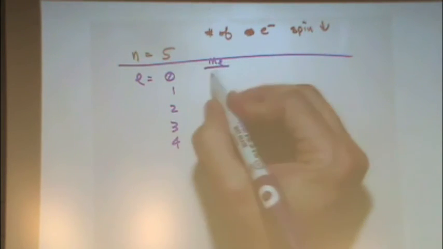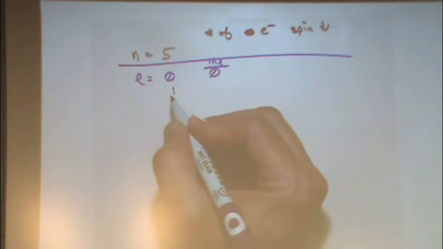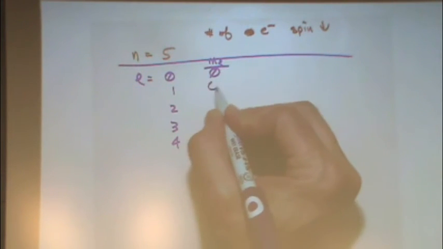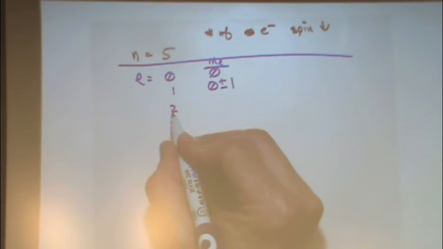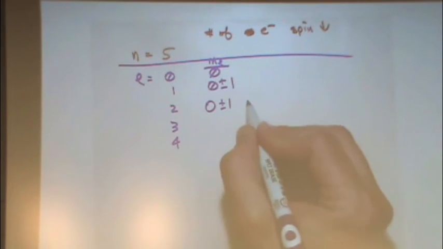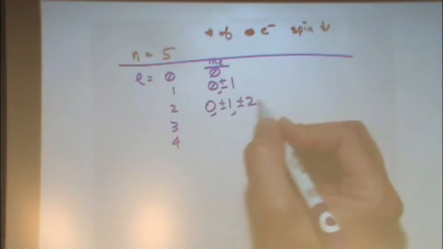So for L equals 0, M sub L is just 0. For L equals 1, somebody just asked me, it's 0 plus or minus 1. If L is 2, then it's 0 plus or minus 1 or plus or minus 2. This is not an addition or something, these are just a list.